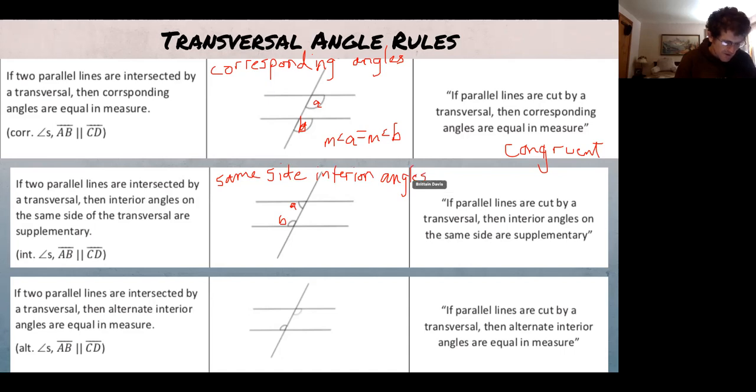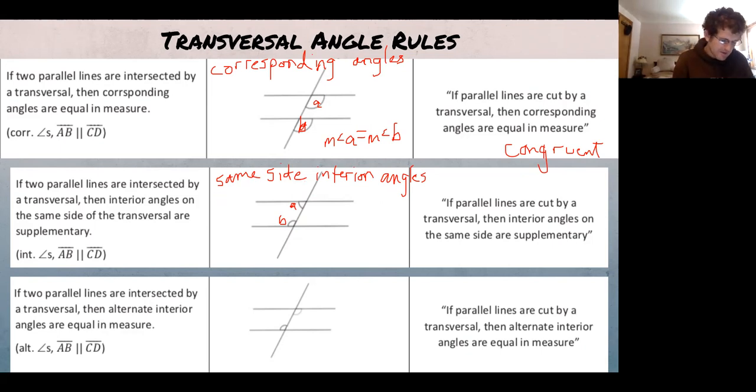All right, so the same side part of this is referring to the transversal. If angle A is on the left side of the transversal, angle B is on the left side of the transversal. They're both on the left, therefore they are same side. So that's where that comes from.